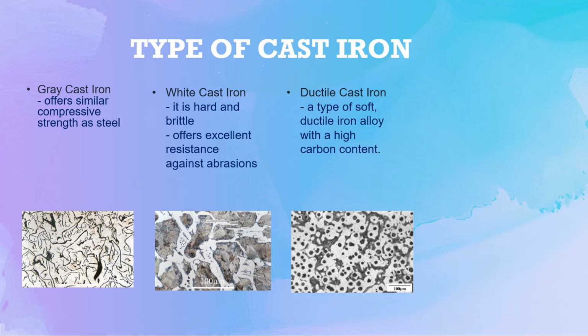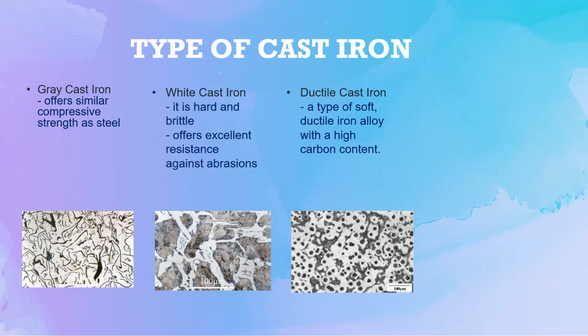In ductile cast iron, graphite is in the form of nodules, whereas sharp graphite flakes create stress concentration points within the metal matrix. It also contains rounded nodules that inhibit the creation of cracks. That is why it provides the enhanced ductility that gives the alloy its name, which is ductile cast iron.